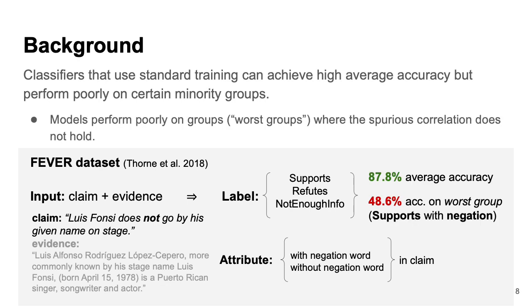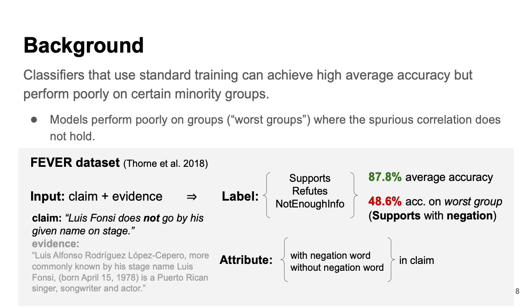The standard model performs quite well on the overall accuracy, but fails on the supports class examples where the claim contains negation words. We call the supports with negation group the worst group, or the minority group. Our example is more likely to be misclassified as refutes because the claim contains the negation word "not".